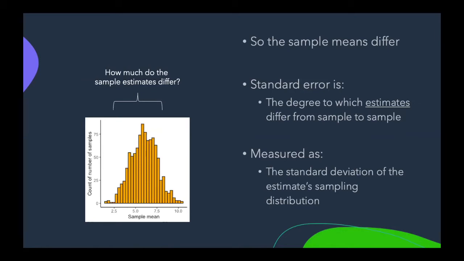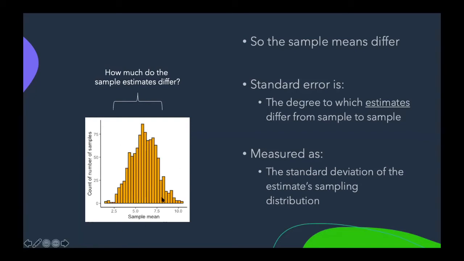The standard error is simply a measure of how different each of those estimates are from one another across samples. So here on the left, we've got our distribution of estimates from each of 1,000 samples. The standard error then is simply a measure of variability in these estimates.